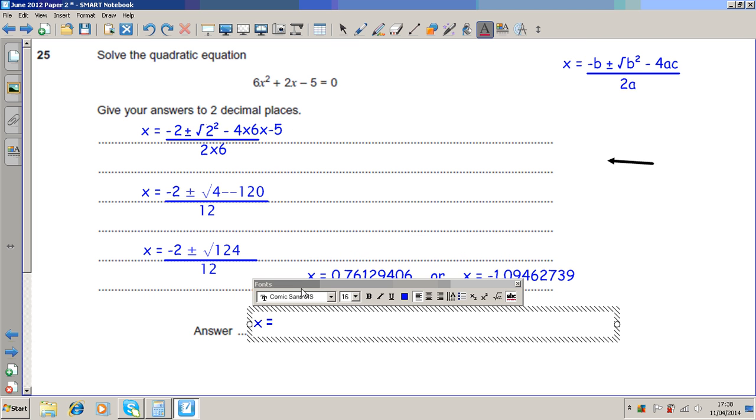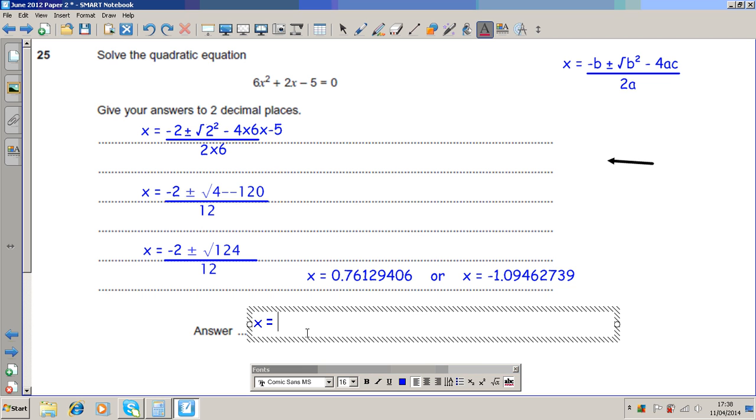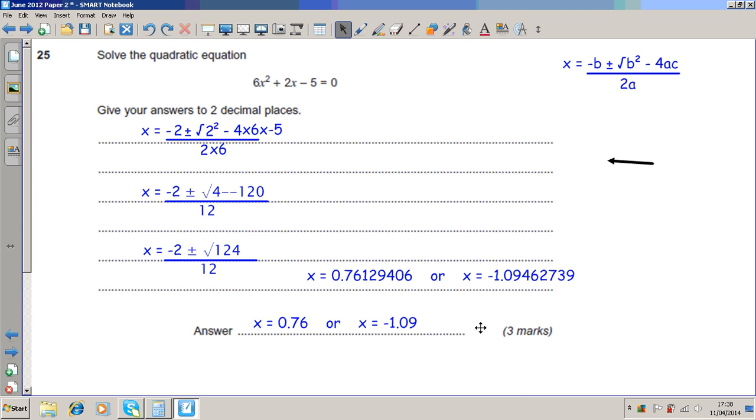So x equals 0.76 or x equals minus 1.09. There we have it. There's your answer. I'm not 100% sure I haven't made a mistake on that, moving things around, but I think I'm there.